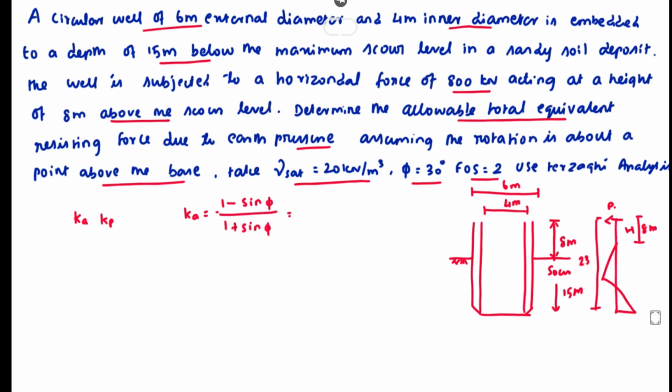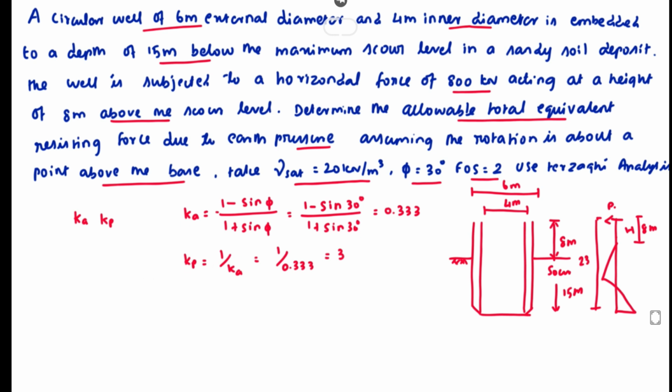Substituting, 1 minus sine 30 degree divided by 1 plus sine 30 degree, we get 0.333. Kp is 1 divided by Ka, that is 1 divided by 0.333, which is equal to 3. Otherwise we can calculate from the formula 1 plus sine phi divided by 1 minus sine phi. So now we found out the Ka and Kp values.